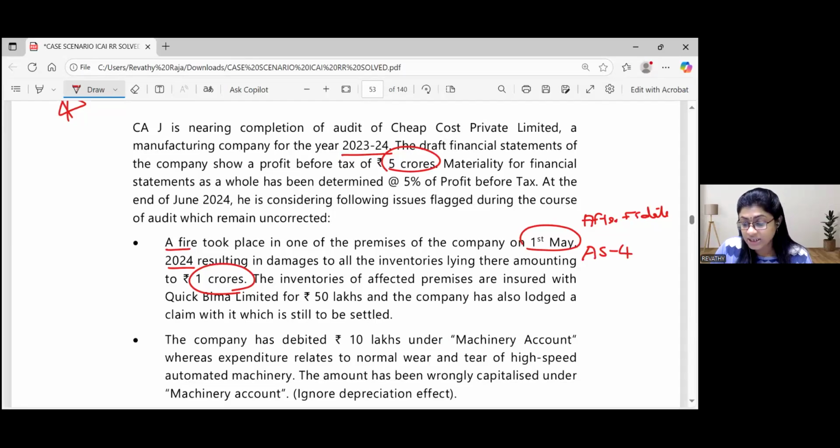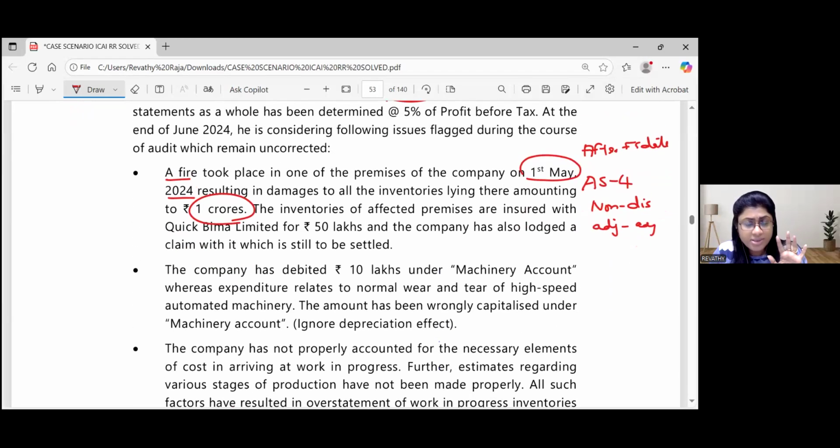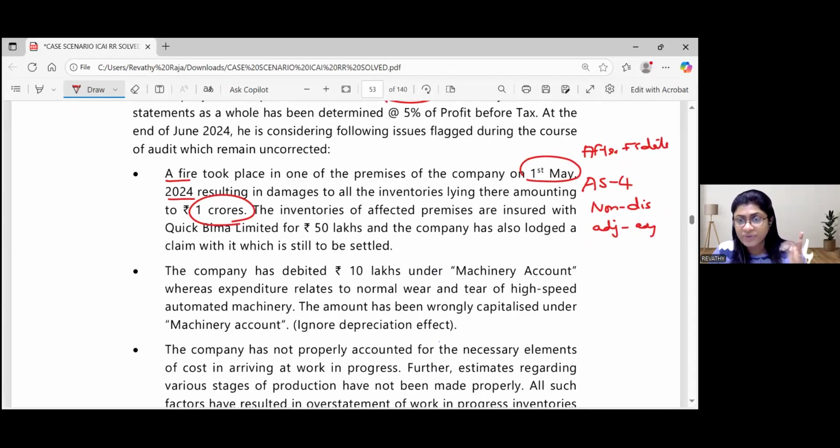If it is adjusting, then it should be adjusted and presented in the FS. Here, since it is an event occurring after the FS date, as per AS 4, it should be disclosed. And there is no indication that going concern is affected. Plus, they are getting the insurance claim also. So, is it adjusted or disclosed? Disclosed, right?